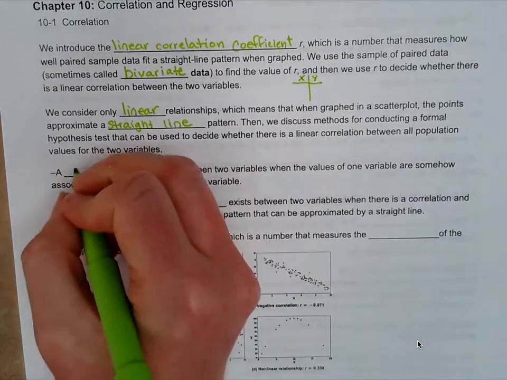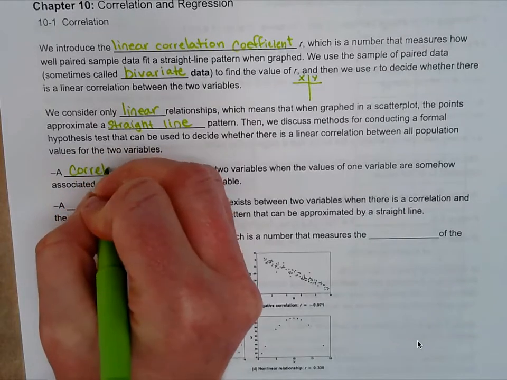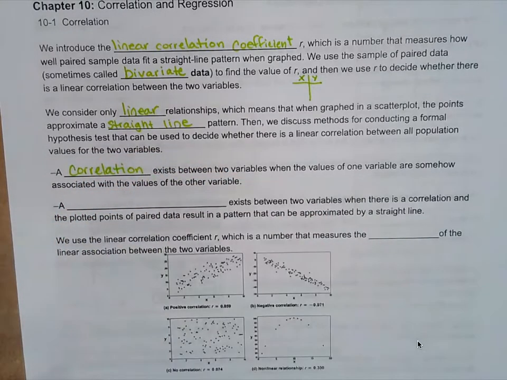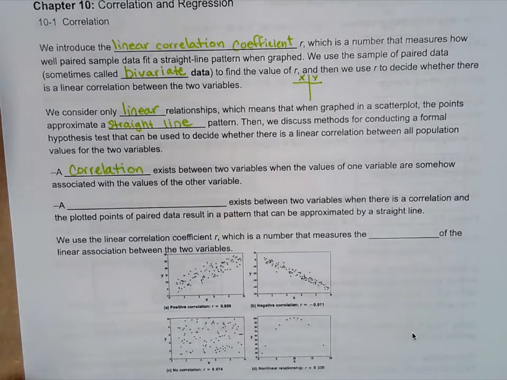A correlation exists between two variables when the values of one variable are somehow associated with the values of the other variable.